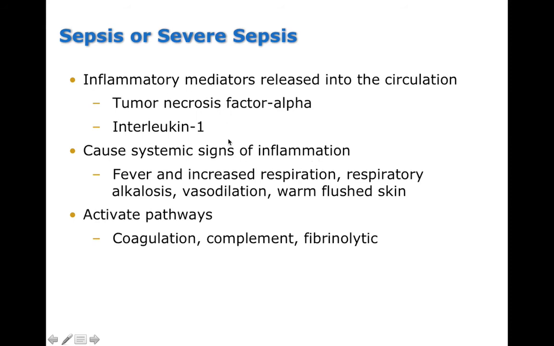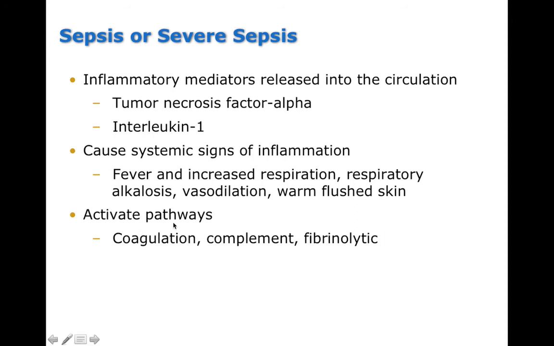Now, this can actually cause vasodilation, but it also can cause systemic signs of inflammation, things like fever, increased respiration, respiratory alkalosis, and warm flush skin. And so this is an important distinction between other types of shock, because if someone has fever, but you suspect they're in shock, that's going to be more consistent with sepsis, or at least severe sepsis, because that's going to be more of a systemic manifestation of infection and inflammation.